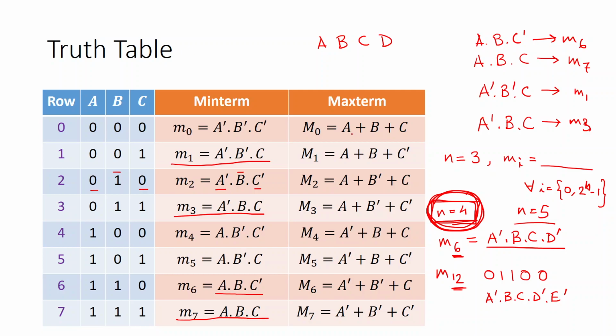In max term, literals are connected using logical OR operation. Now, will the literal be in its original form or the complemented form? Look at the corresponding sequence of input bits. If the particular input is 0, then the literal remains in its original form. If the input is 1, then it is complemented.